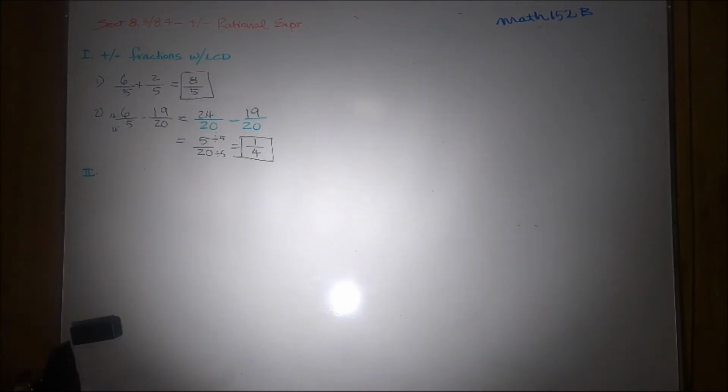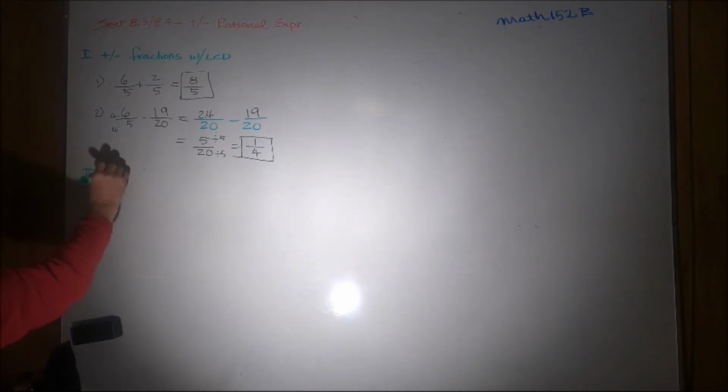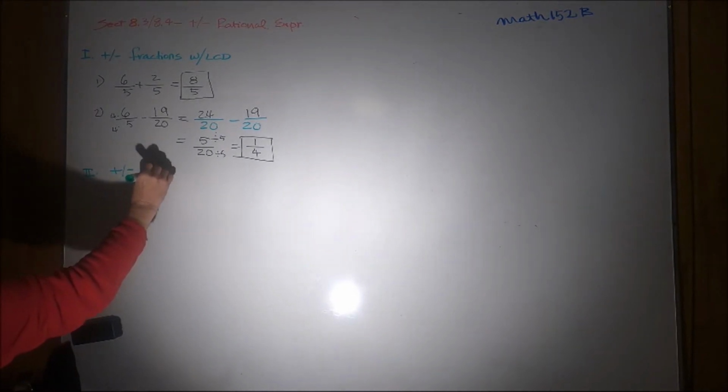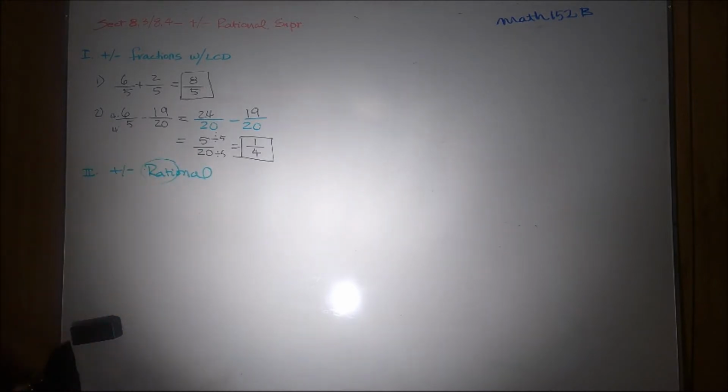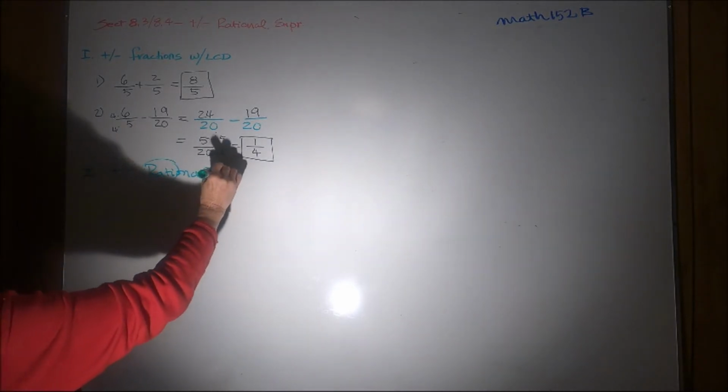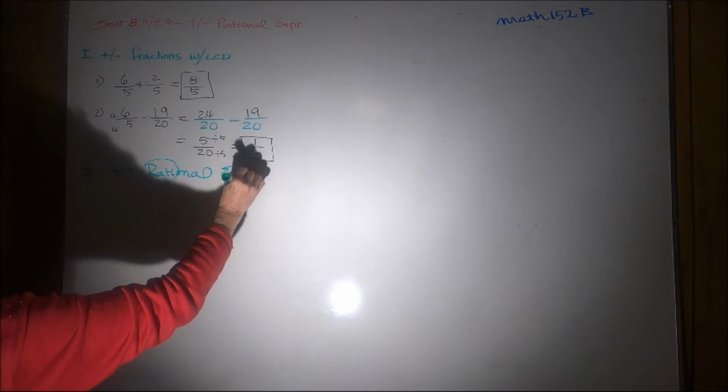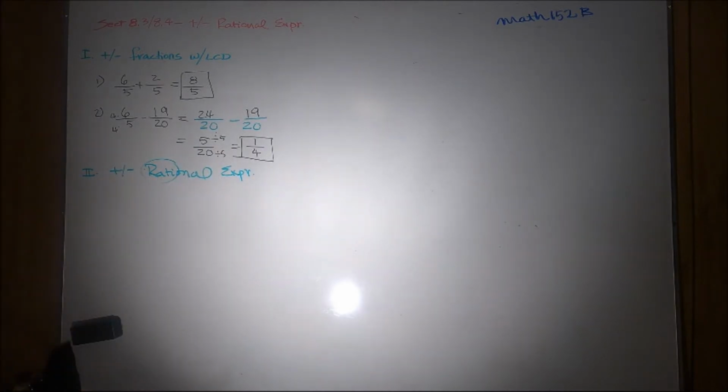Then let's talk about rational expressions. Rational means what? Ratios. Ratios means what? Fraction. Then expressions mean what? X, Y, Z, and numbers and powers, right?